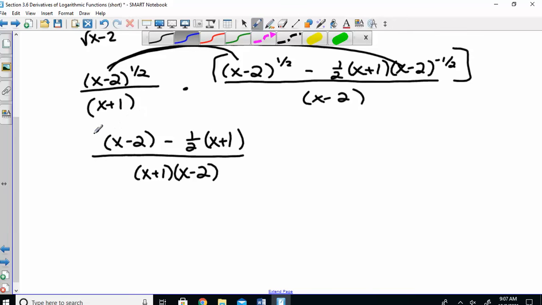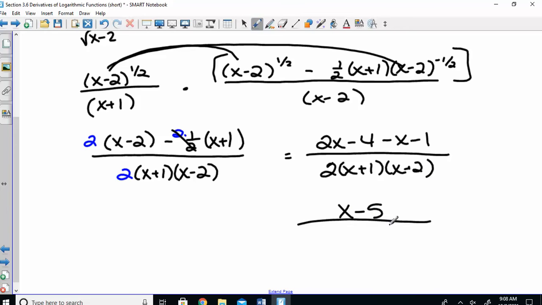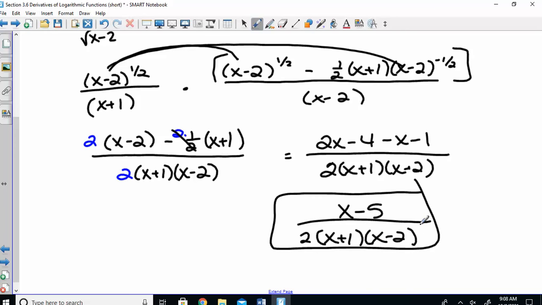No. So easy option to get rid of that 1/2 would be take everything times 2 each term. So those cancel. So we get 2x minus 4 minus x minus 1 over 2x plus 1 x minus 2. Combine like terms, so we get x minus 5 over 2 times x plus 1 x minus 2.